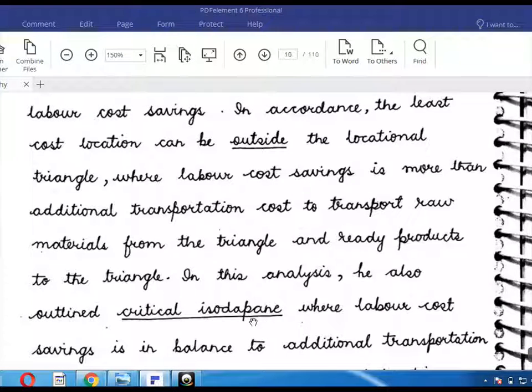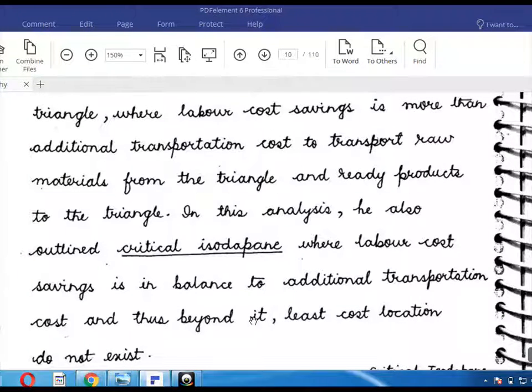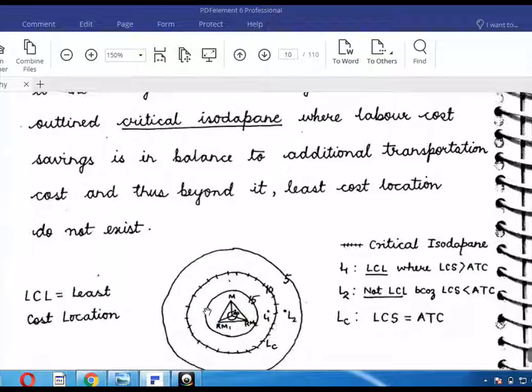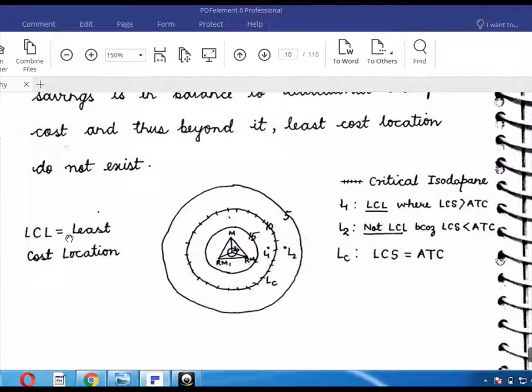In this analysis, he also outlined a critical isodapane, where labor cost savings are in balance with additional transportation cost, and thus beyond it the least cost location does not exist. So here is LCL, the least cost location.